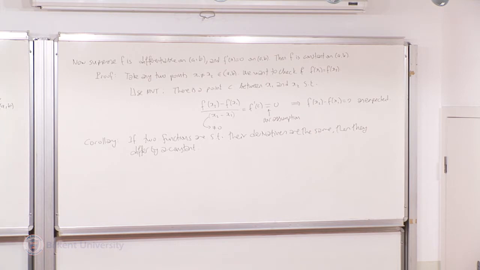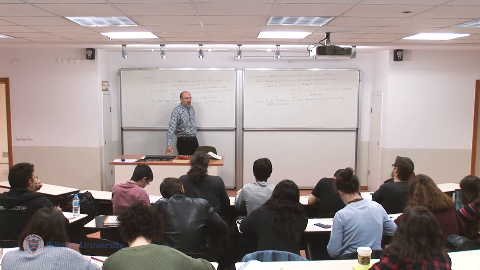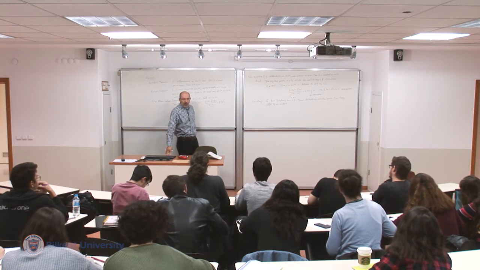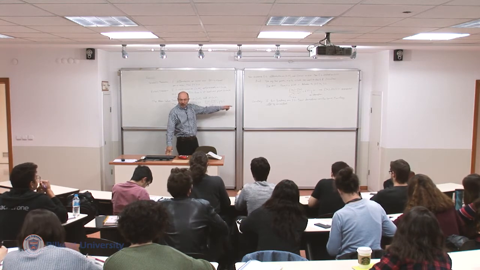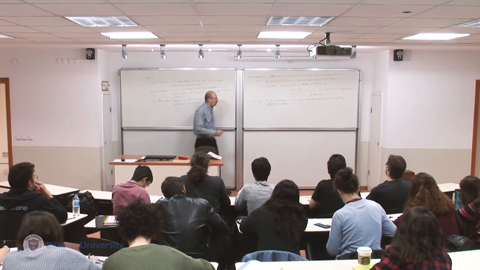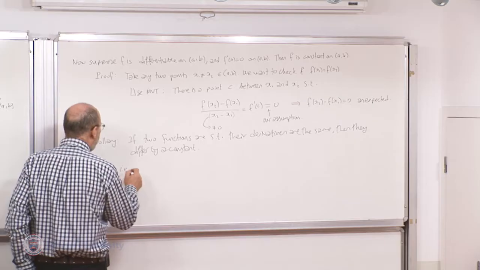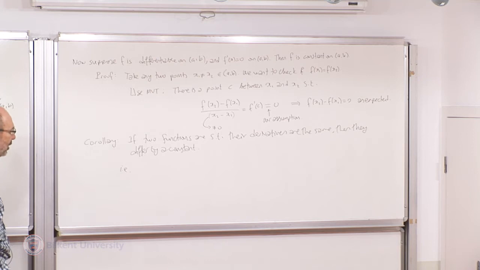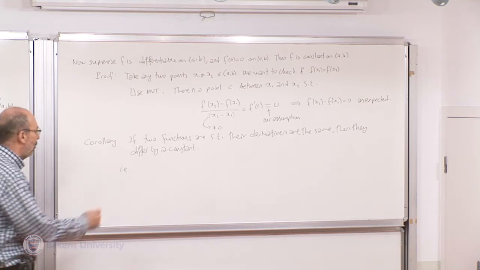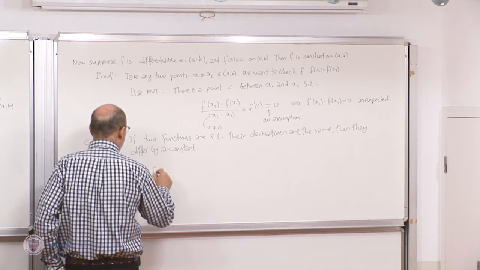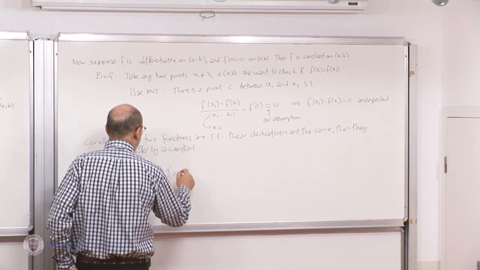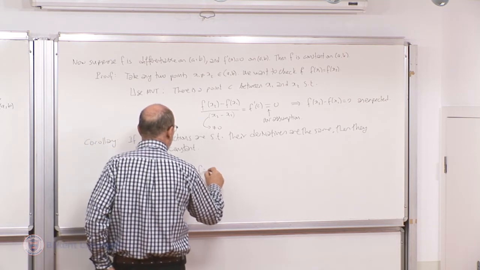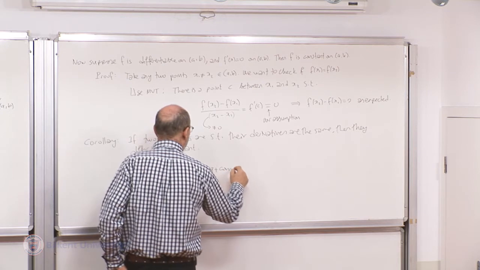This is also one of the important starting points of differential equations. When we do integration, we will keep saying plus c, and that plus c comes from here. Let us go back to the style of today's calculus. If f prime equals g prime, then f is equal to g plus a constant.